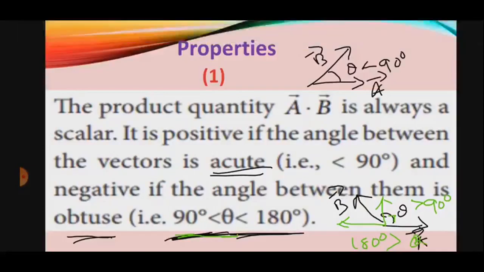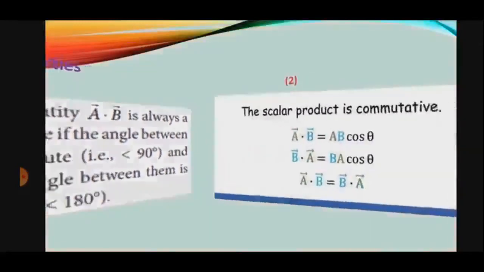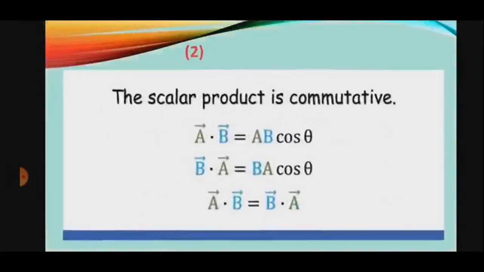Okay. Next, the second property. The scalar product is commutative, the commutative law. Now listen, this is the relation: A vector dot B vector is equal to AB cos theta, and commutating, B vector dot A vector is equal to BA cos theta. Are you clear?